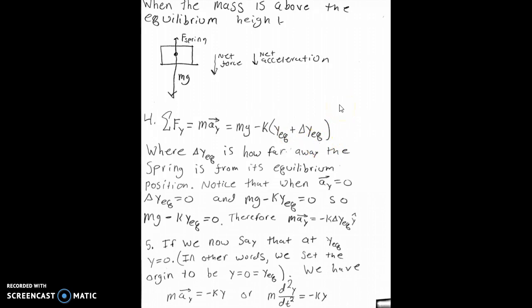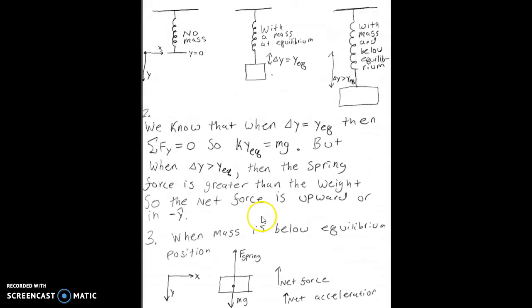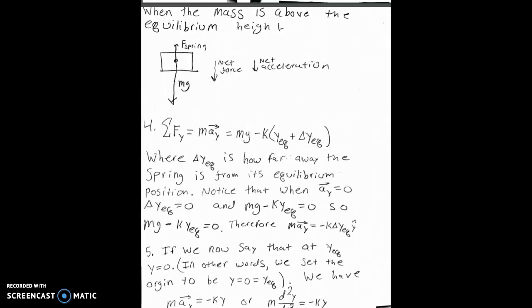One thing to note: when we solved the equation in equilibrium, in other words, when the sum of the forces was 0, remember that mg minus k y_eq equals 0. They're equal to each other, which we showed here. So moving back down, we can subtract them, and that equals 0.